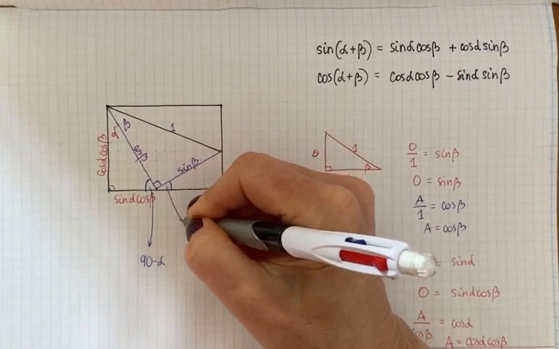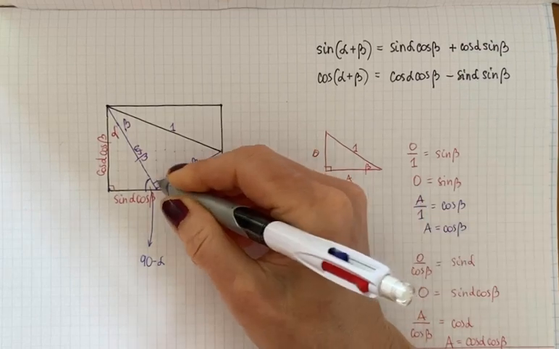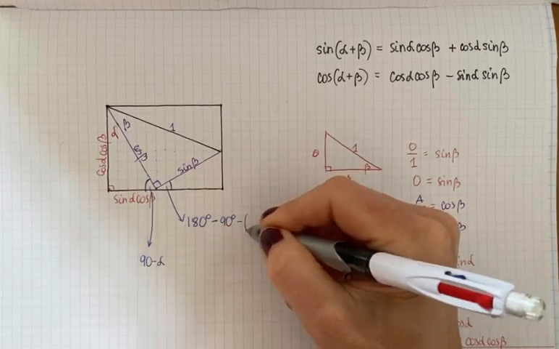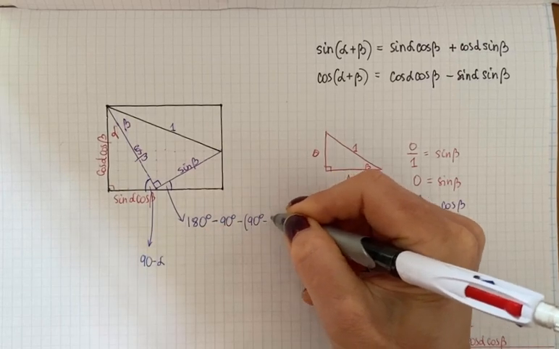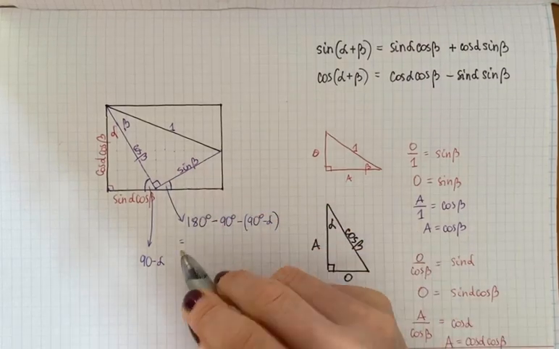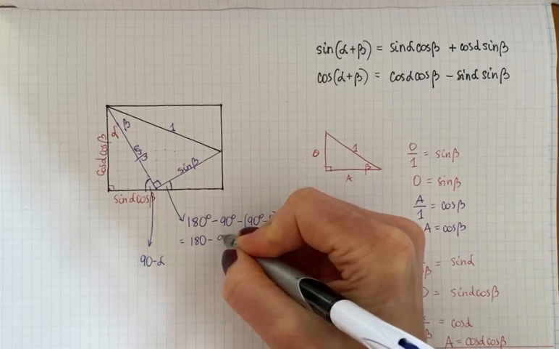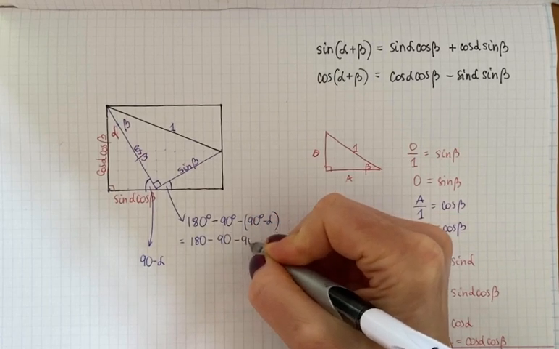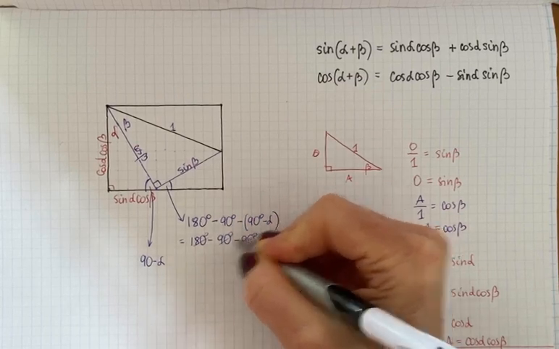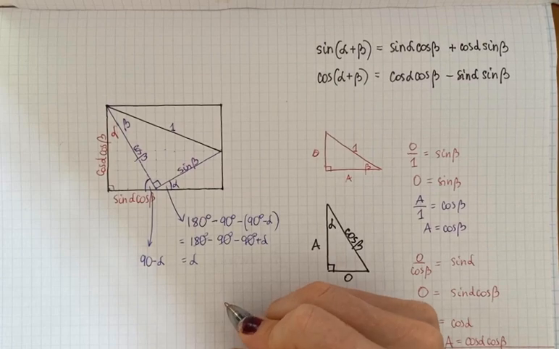Well, this angle here is going to be 180 minus that 90, and then minus that 90 minus alpha, because they add up to 180 on a straight line. So this is going to be 180 minus 90 minus 90 plus alpha. They cancel, so this is actually alpha.